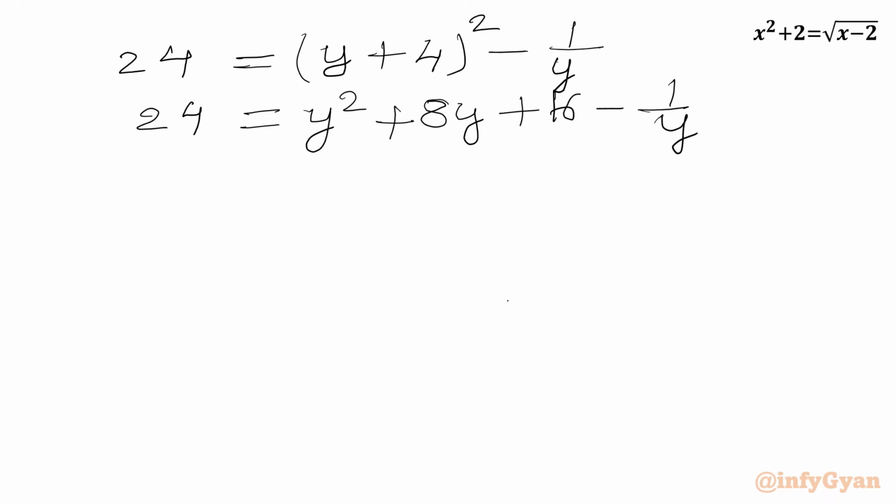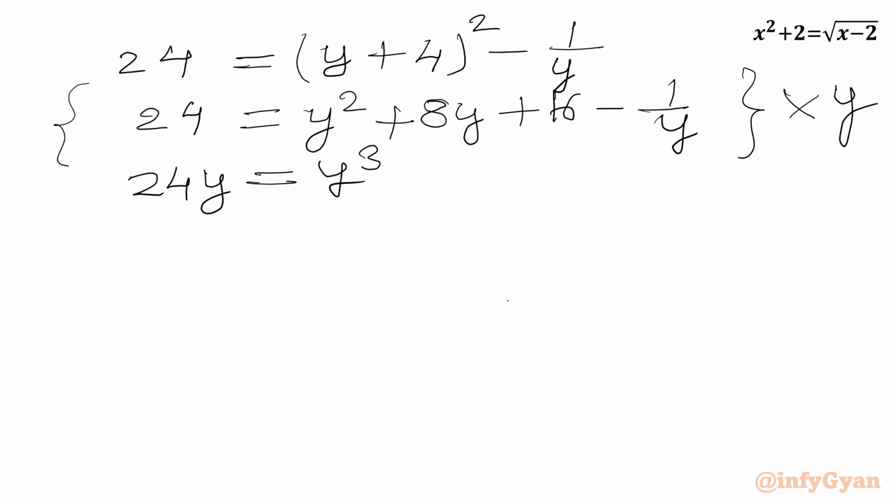Now we'll multiply our equation by y on both sides. So I'm writing here times y, which will give us 24y equal to y cube plus 8y square plus 16y minus 1. Now we'll write all the terms on the right hand side.